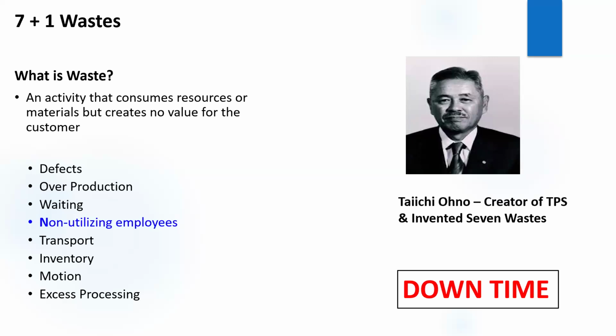Some people say TIMWOODS where S stands for skill, but some people say DOWNTIME because N is non-utilization of human talent. For that N, they have changed the word to DOWNTIME. So you can remember either; TIMWOOD is also okay, DOWNTIME is also okay. But we need to understand each and every waste.